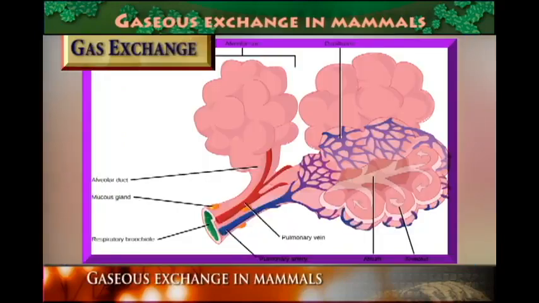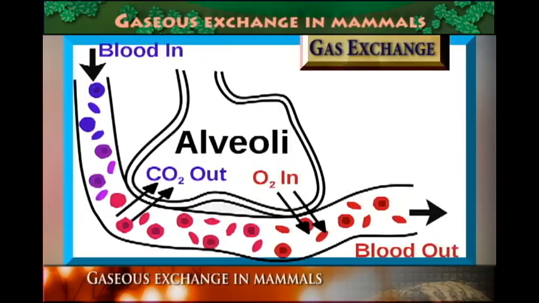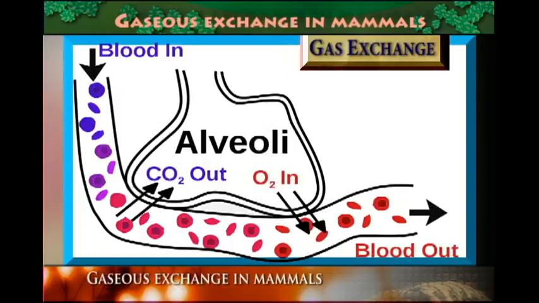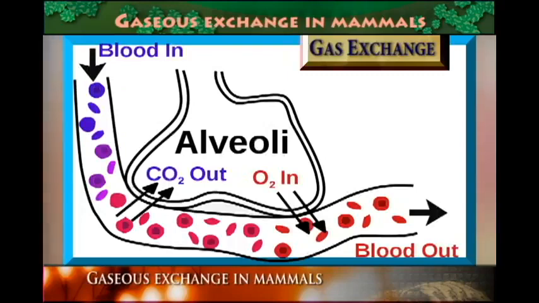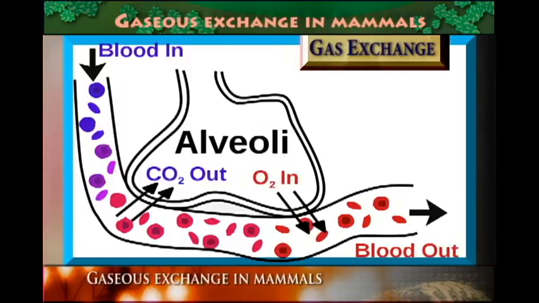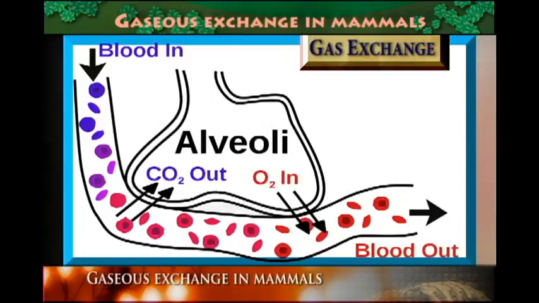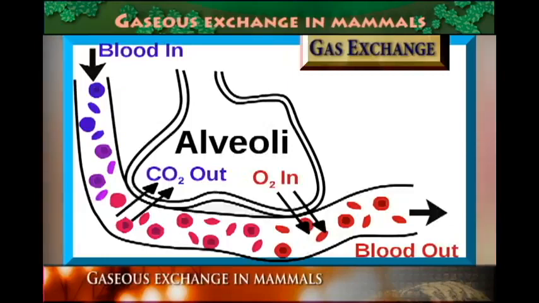Because the alveoli have a network of blood capillaries, oxygen diffuses from the alveoli into the blood capillary, and carbon dioxide will diffuse from the blood into the alveoli. This is brought about due to the concentration gradient. Because there is a high concentration of oxygen in the alveoli and a low concentration of oxygen in the blood, oxygen will diffuse from a region of its high concentration to a region of its low concentration.